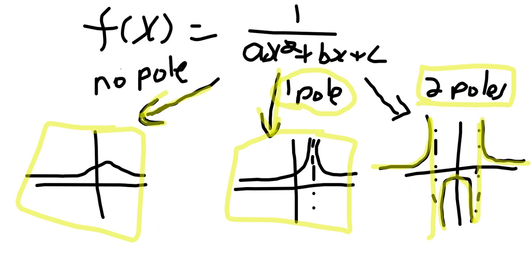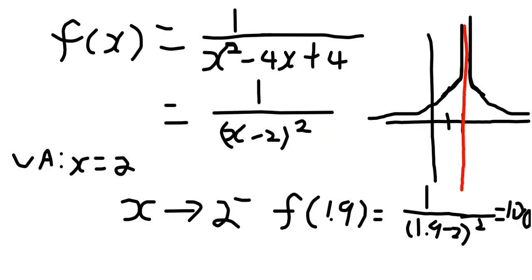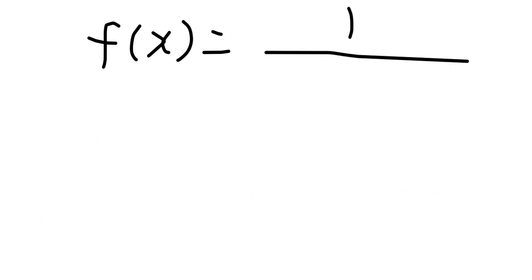I'm now going to show you the two pole case. So consider we've got f at x is equal to 1 divided by 2x squared plus x minus 6.